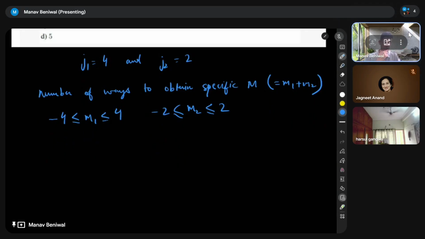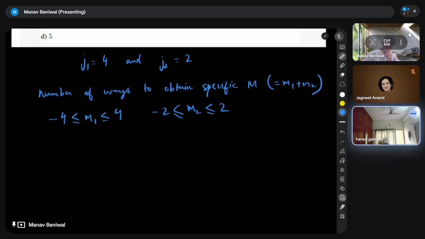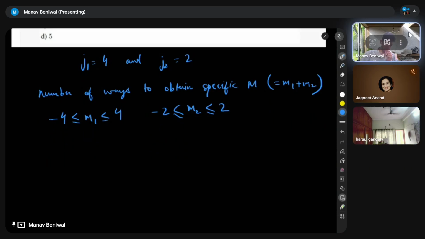So what will be the range of total m? Our m can go maximum up to 6, right? So we can have several possibilities here.